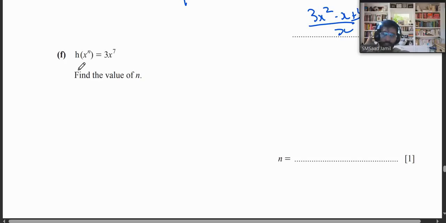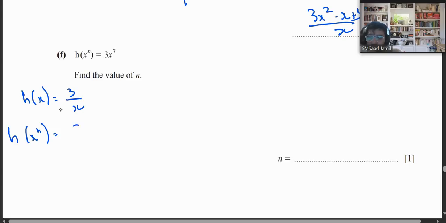So it says h(x^n) is equal to 3x raised to power 7. So look, h(x) is 3 upon x actually. So h(x^n) is equal to 3 upon, in place of x I will write x raised to power n.